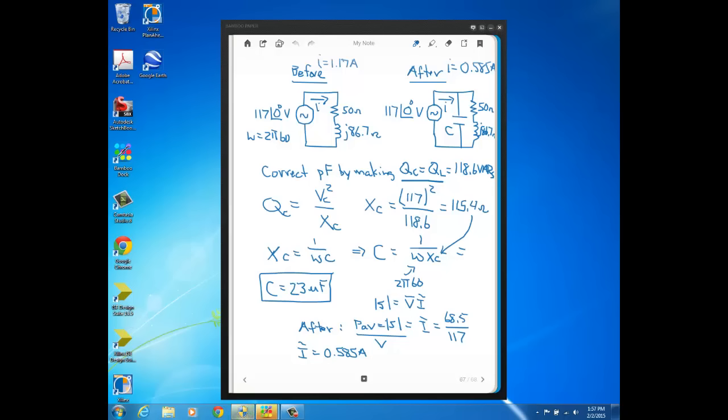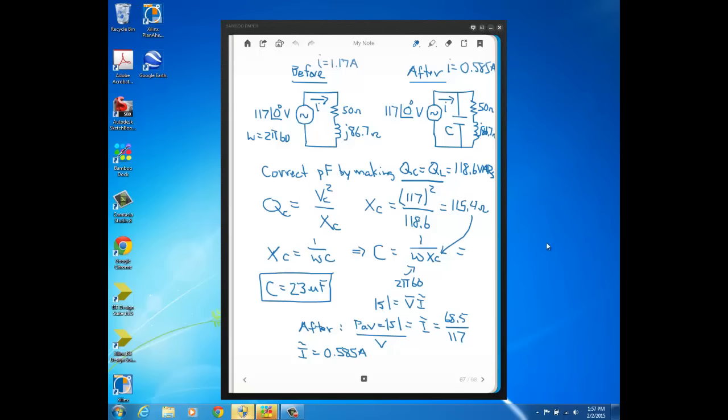It's still 50 plus j86.7. The Z equivalent, the total impedance of the capacitor in parallel with the motor, is different, but the impedance of the motor itself has remained the same. Only the Z equivalent's been altered by putting the capacitor there.